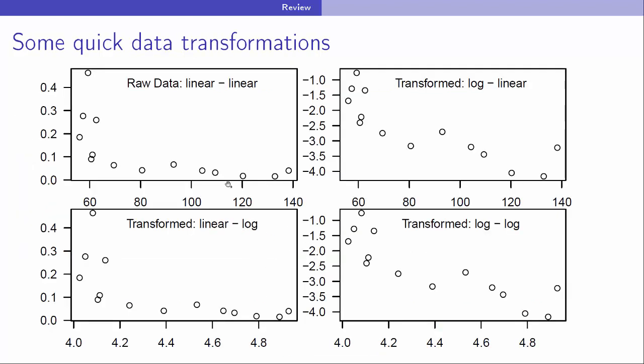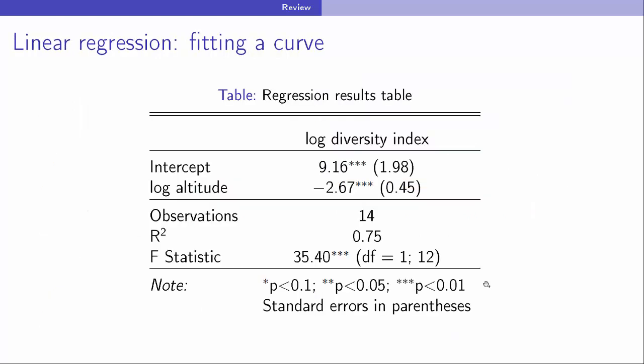How did we go about it? So here's an example. One of the ways we explored these things was we just put the different transformations on and looked at what kind of scatter we got for the data, and then based on that we picked one that was plausible. And recall that we weren't often saying one was better than the other, just that many possible models are plausible. We're going to pick one that is plausible.